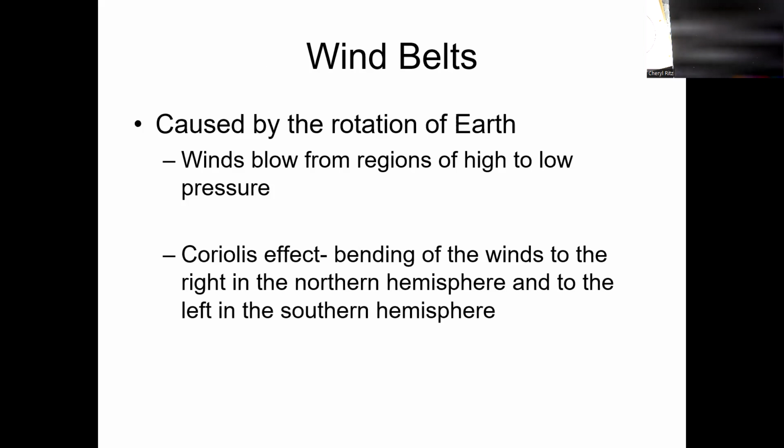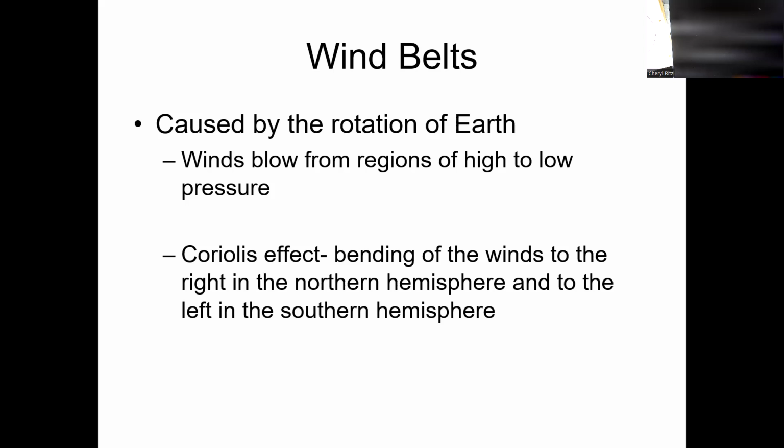Page 14, wind belts. They are caused by the rotation of Earth. We also know that the winds blow from regions of high pressure to low pressure. This is called the Coriolis effect. This is what we talked about only a week and a half ago, when we were talking about throwing the football to a runner who's moving.